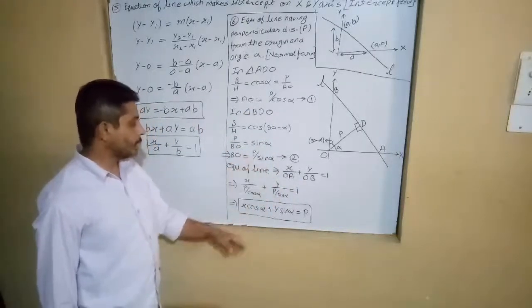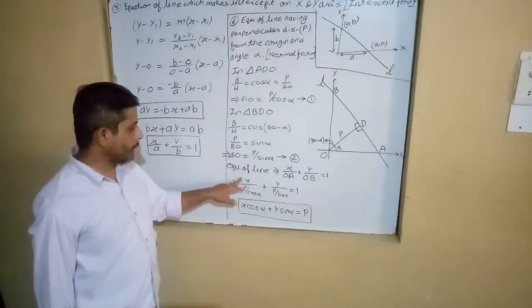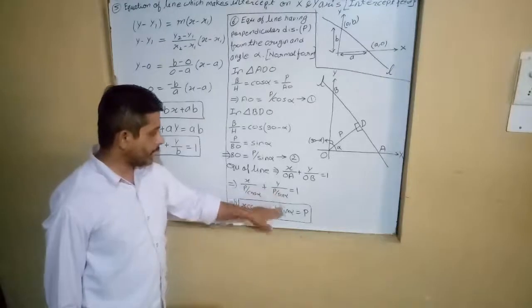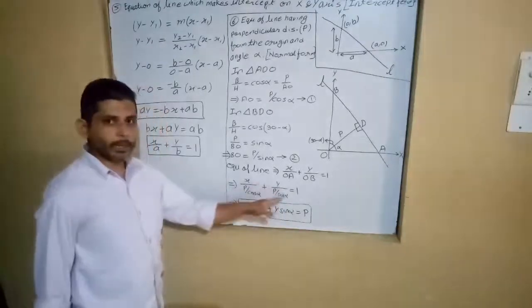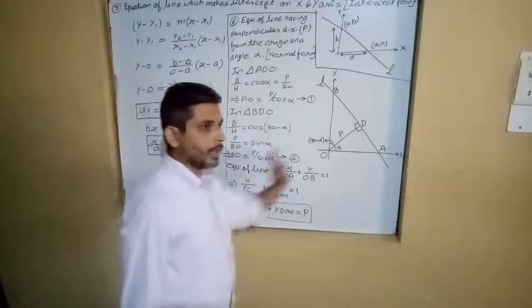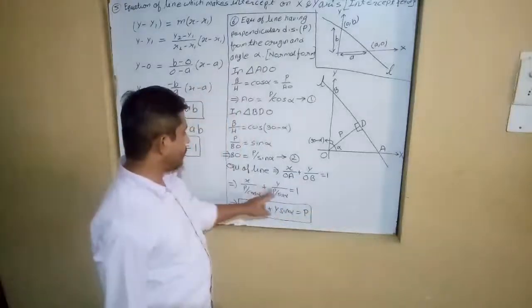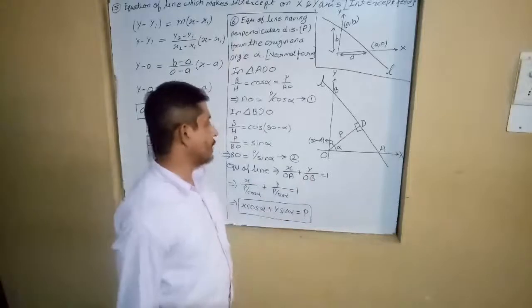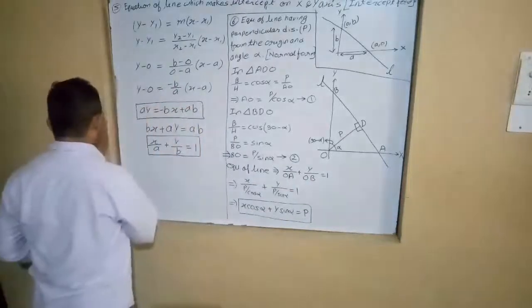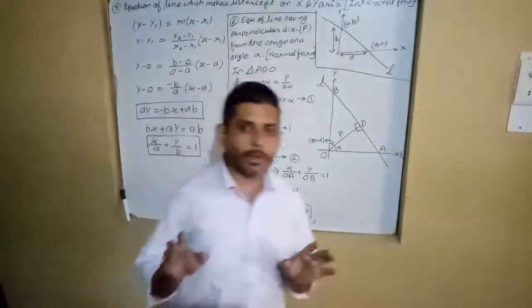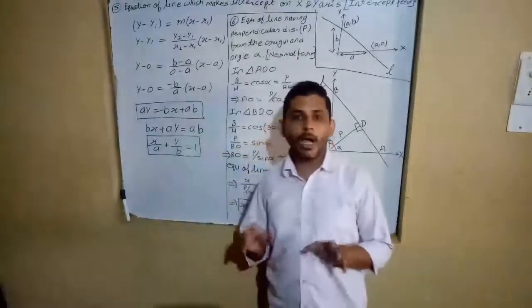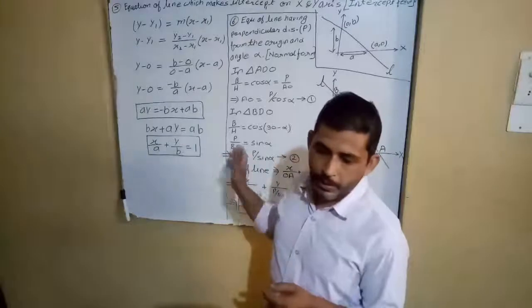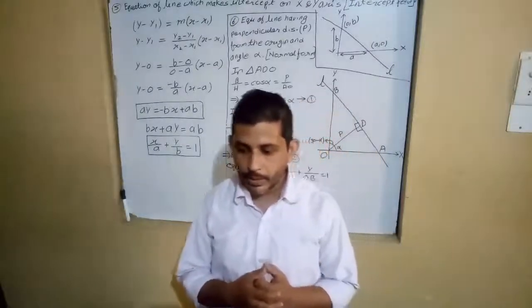When we transpose, cos alpha multiplied with x, and P will come on both sides. After transposing P, we get x cos alpha plus y sin alpha is equal to P. So there are a total of 6 types of equation of a straight line, which we will use to solve the questions.